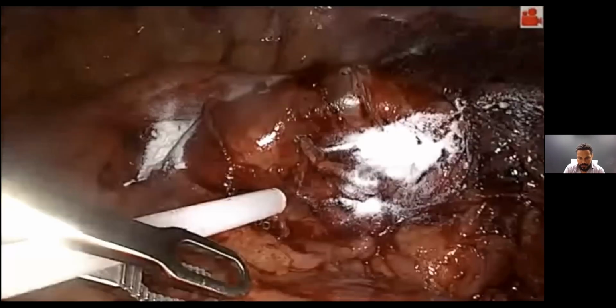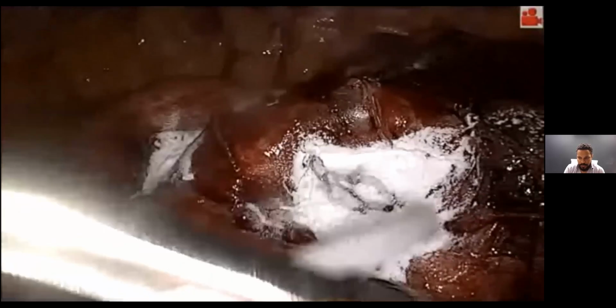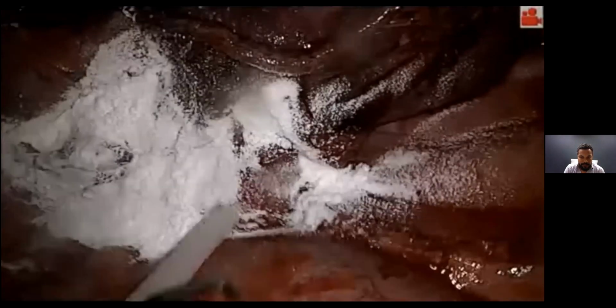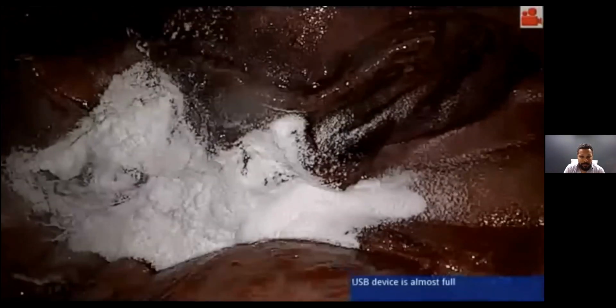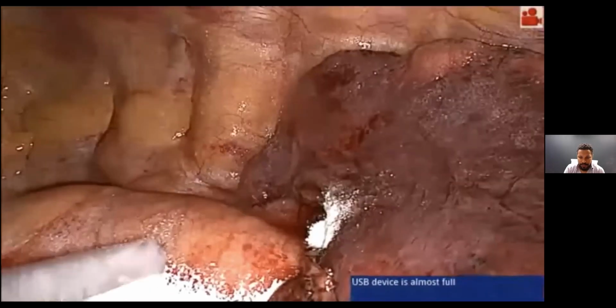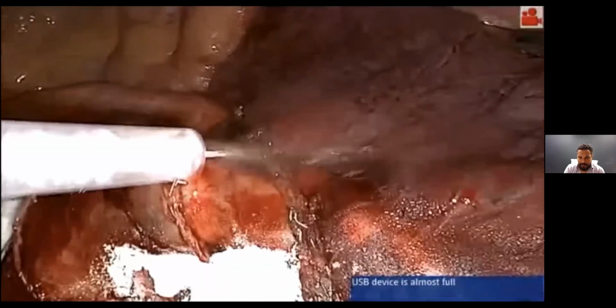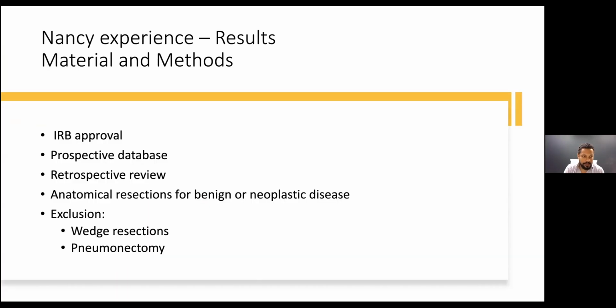So we put this hemostatic powder on the hilum and in the areas of lymph node dissection. And then again, that's almost done. And then again, our sealant on the whole suture line, and that's it.